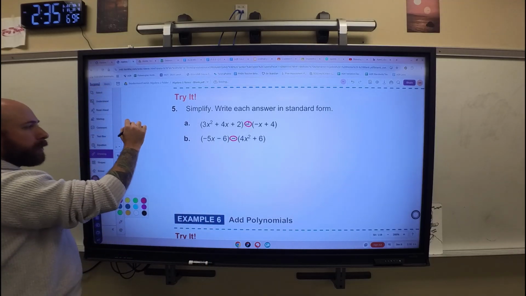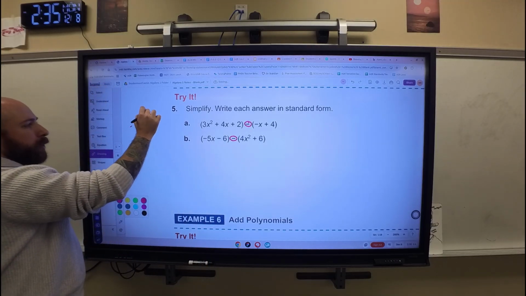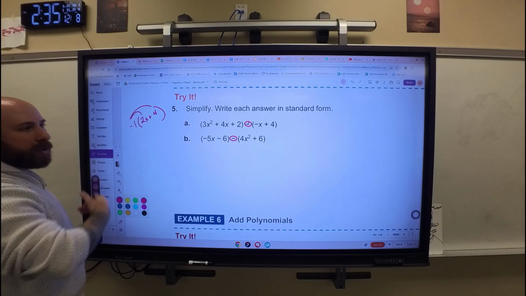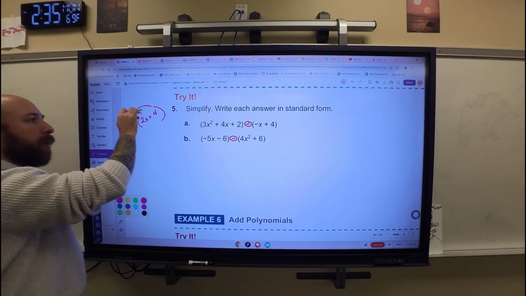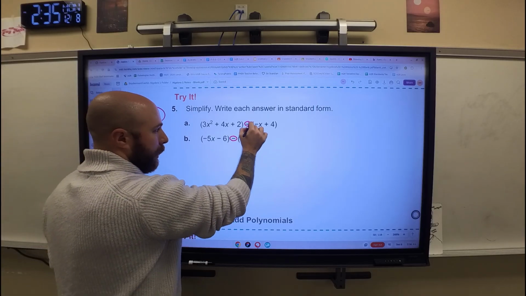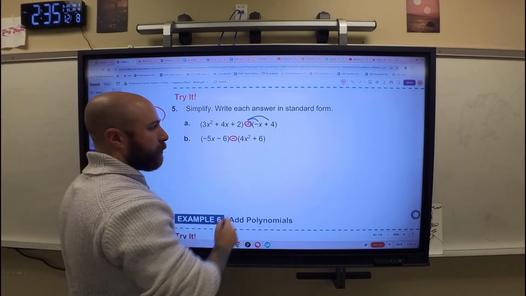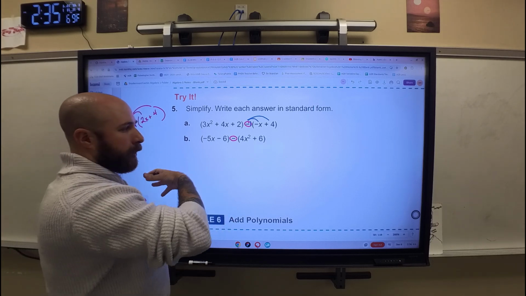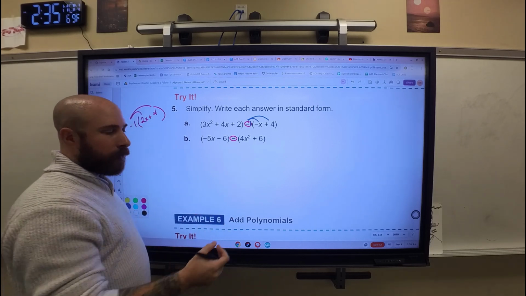But what we do know how to do is distribute a negative 1. We've done this tons and tons of times. And remember, we always distribute to the right. So if we think of that as a negative 1 that we distribute to the right, let's do that and then combine our like terms.